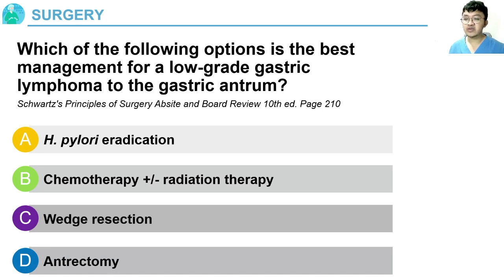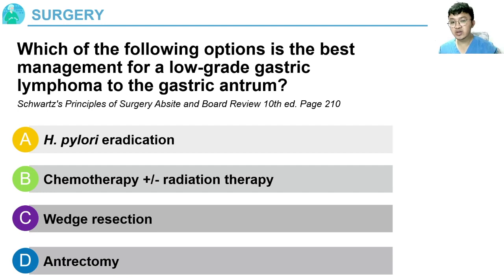Next, which of the following options is the best management for a low-grade gastric lymphoma at the gastric antrum? Is it A. H. pylori eradication, B. Chemotherapy and radiation therapy, C. Wedge resection, or D. Gastrectomy? Your low-grade gastric lymphomas are actually most commonly due to chronic irritation of the stomach.